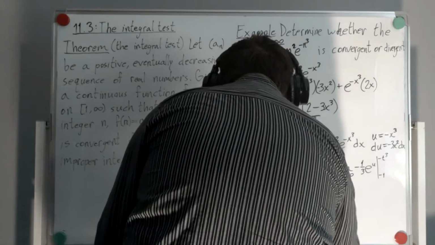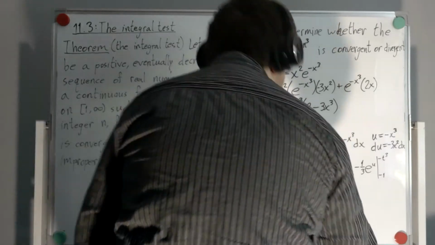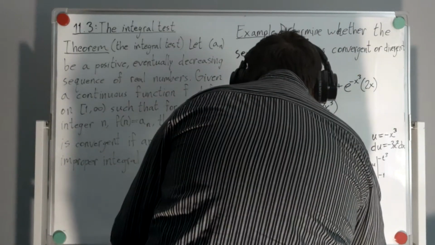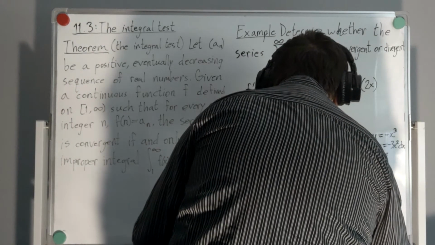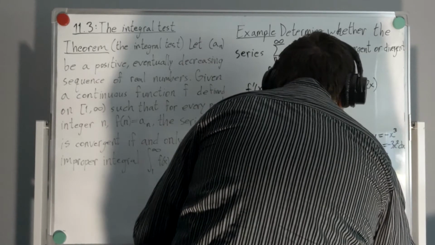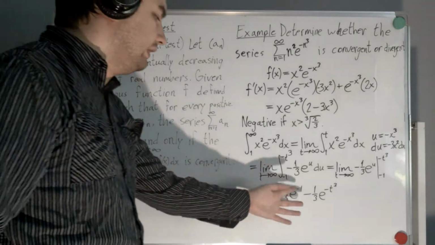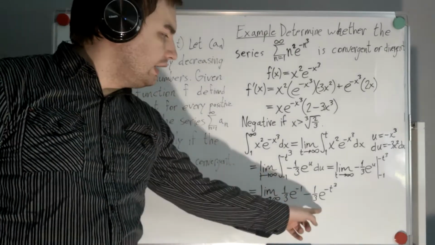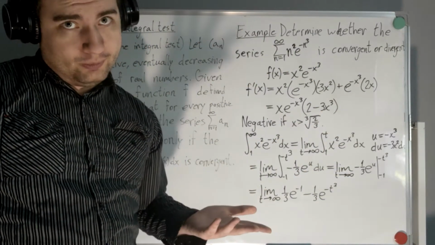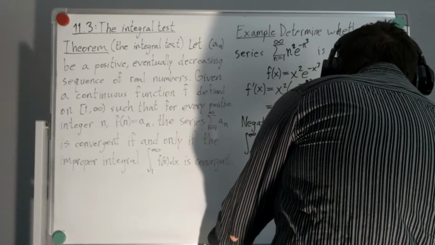So, this is the same thing as the limit as t approaches infinity of, let's see here, 1/3 e to the negative 1 minus 1/3 e to the negative t cubed. 1/3 e to the negative 1 is just a constant, so whatever. Now, as t approaches infinity, e to the negative t cubed approaches 0. So this whole thing just approaches 1/3 e to the negative 1, which is the same as 1/3e.